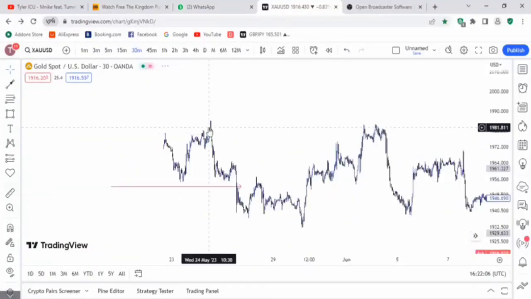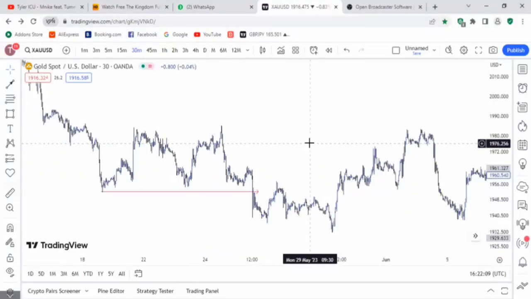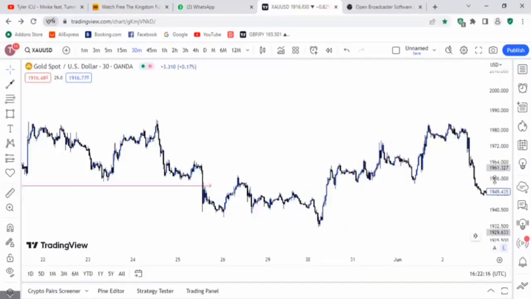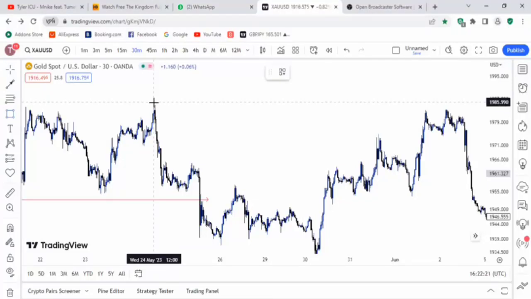I want to pick our order block here. I'm looking for the last bullish candlestick. This is our order block.